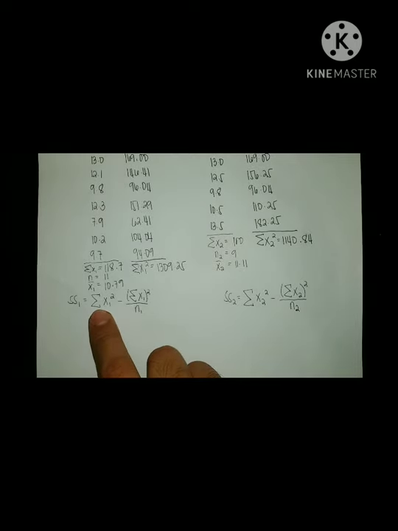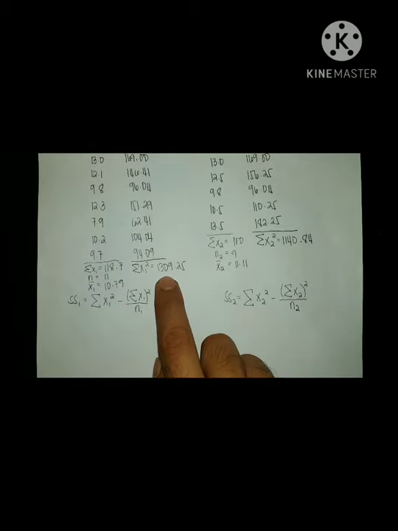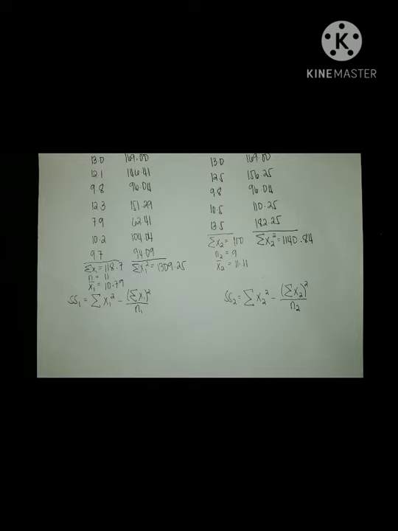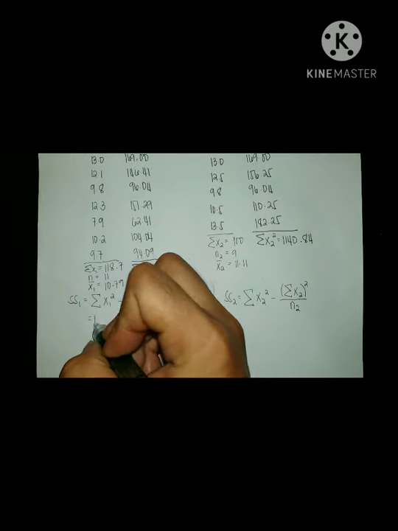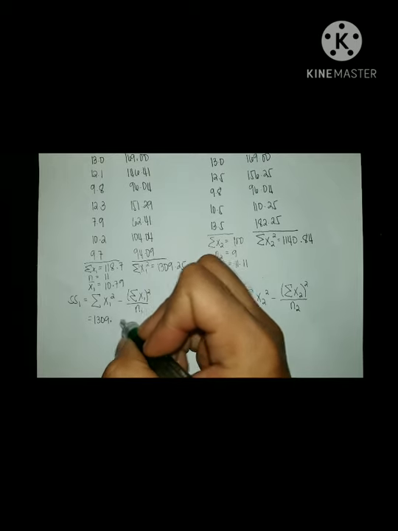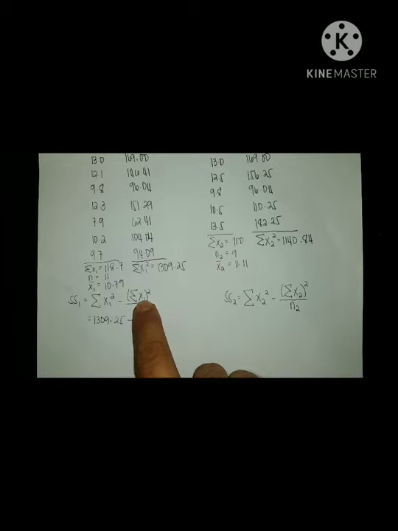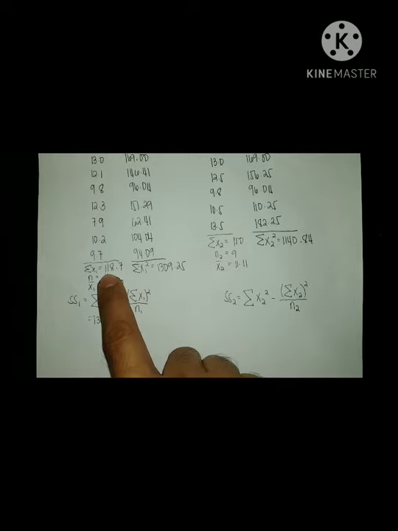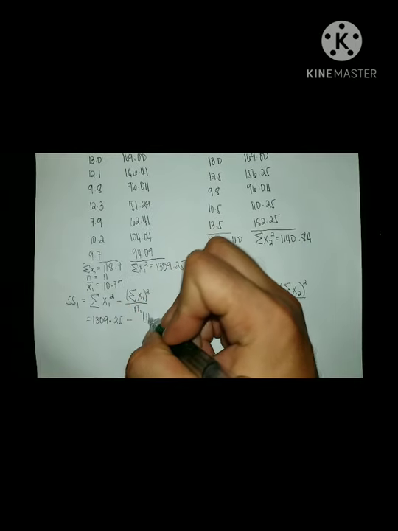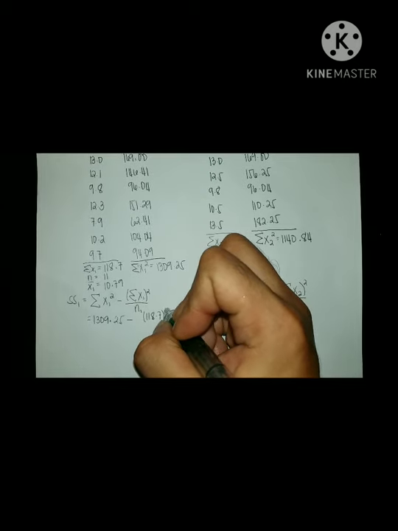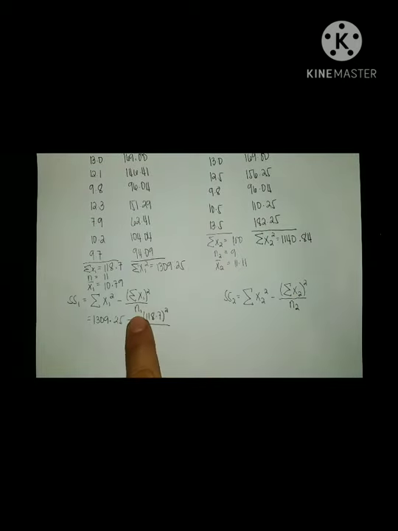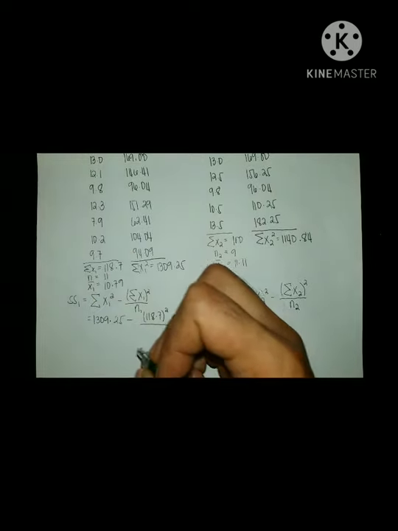So we have the summation of x sub 1 squared, which is 1,309.25, minus the quantity of the summation of x sub 1, that is 118.7, squared, divided by n sub 1, or the total number of the data, which is 11.